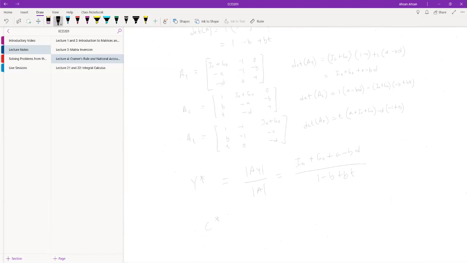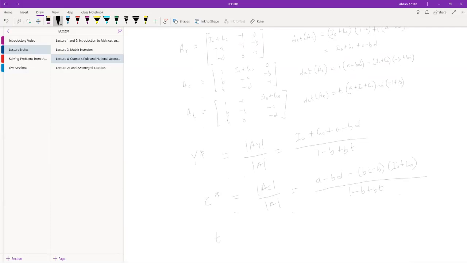C naught is determinant of AC divided by determinant of A. So that gives me A minus BD minus BT minus B I naught plus G naught. This whole thing divided by 1 minus B plus BT.